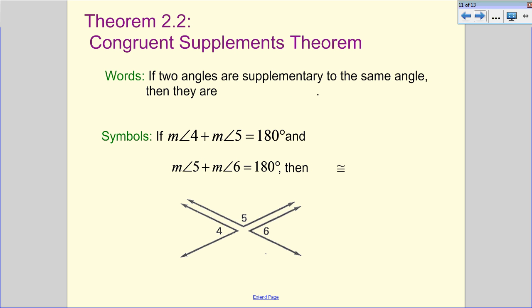Theorem 2.2 is congruent supplements. It says if two angles are supplementary to the same angle, then they are also congruent.